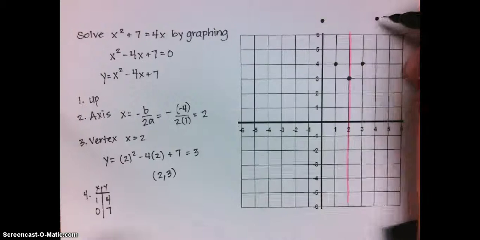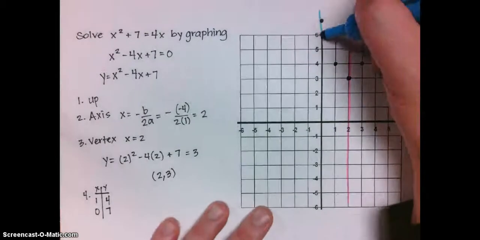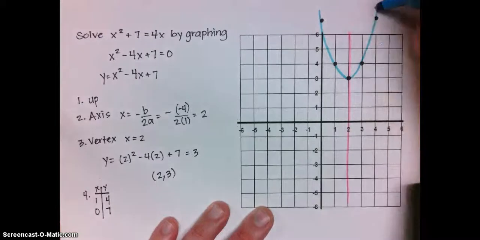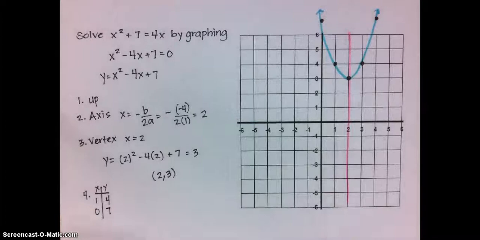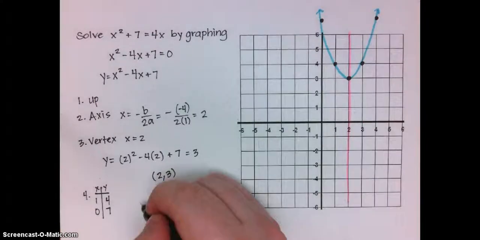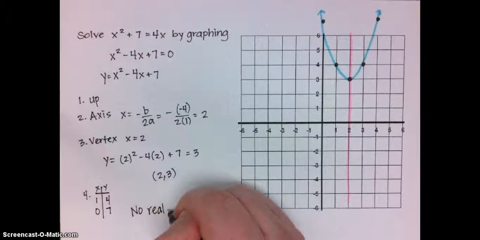And then I'm going to connect my dots to draw my parabola. Nice and slow. And what do we notice? No place does this parabola cross the x-axis, which means that there are no real solutions.